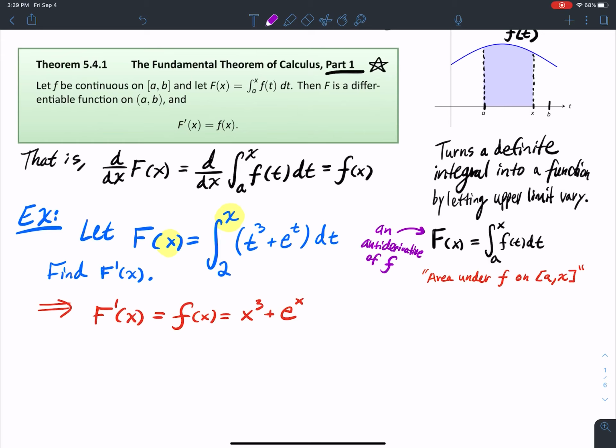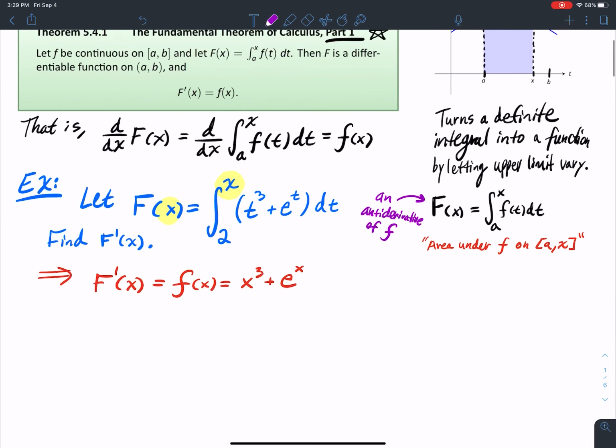Students have a hard time with this problem. This is supposed to be the easiest problem in calculus, okay? If I'm taking the derivative with respect to x, and I have an x in the upper bound, I literally replace my dummy variable with the x variable. And that's it. It doesn't matter how complicated this is.